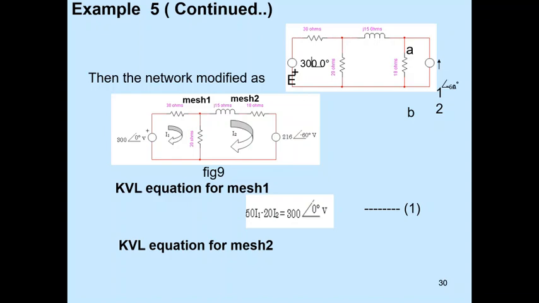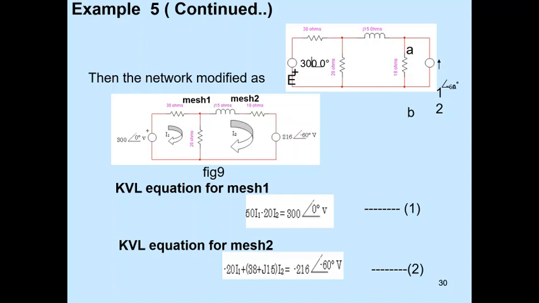So 20 into I2 minus I1 plus 18 plus j15 into I2 is equal to 216 at an angle of minus 60. By rearranging this, we get minus 20 I1 plus 38 plus j15 into I2 is equal to 216 at minus 60 degrees. This is the second voltage equation.